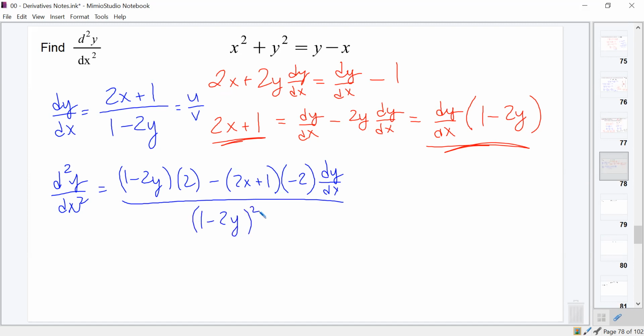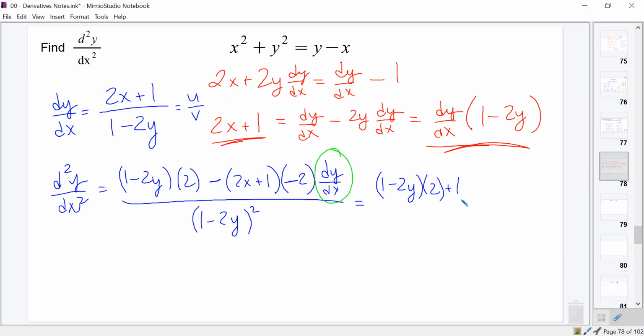Now, this answer isn't complete yet because we have this dy/dx term in here that we need to get rid of. I'm going to first put this minus sign here and this minus sign here together as a plus.